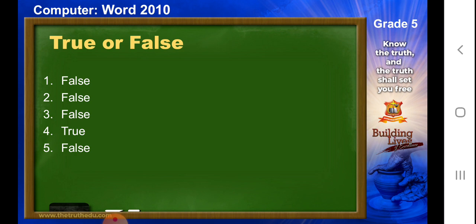Next is word art is a collection of pre-designed images. False. It is a text styling feature. Next is the shape and formatting characteristics of word objects are called word art styles. The answer is true. And the last one is you cannot insert text inside a shape. And for this, the answer is false.